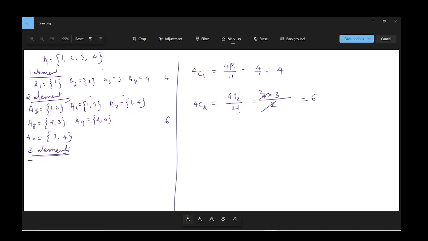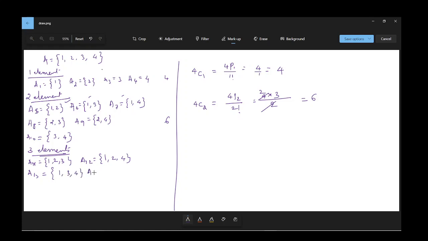When you take 3 elements at a time, we'll get A11. A11 is equal to, I'll combine 1, 2, 3. A12 as 1, 2, and 4. A13 as 1, 3, 4.